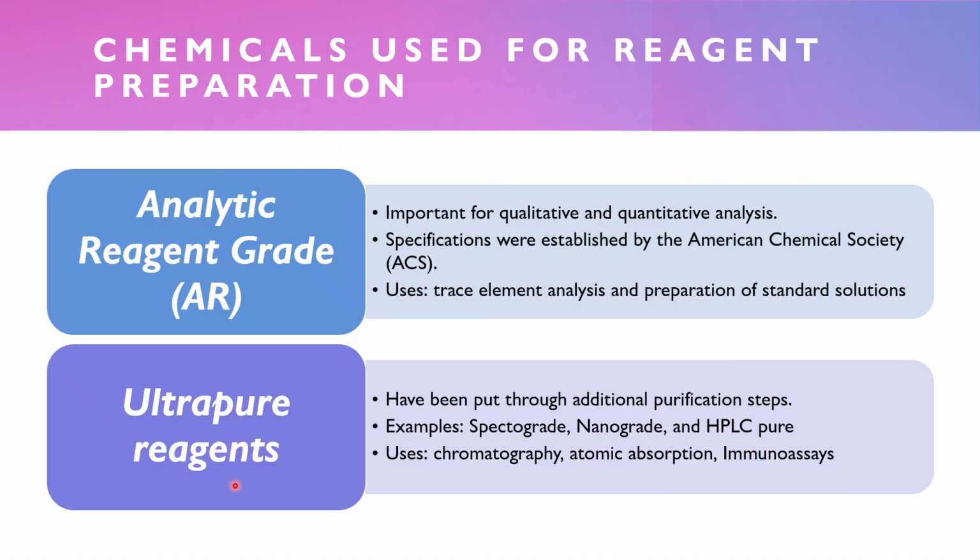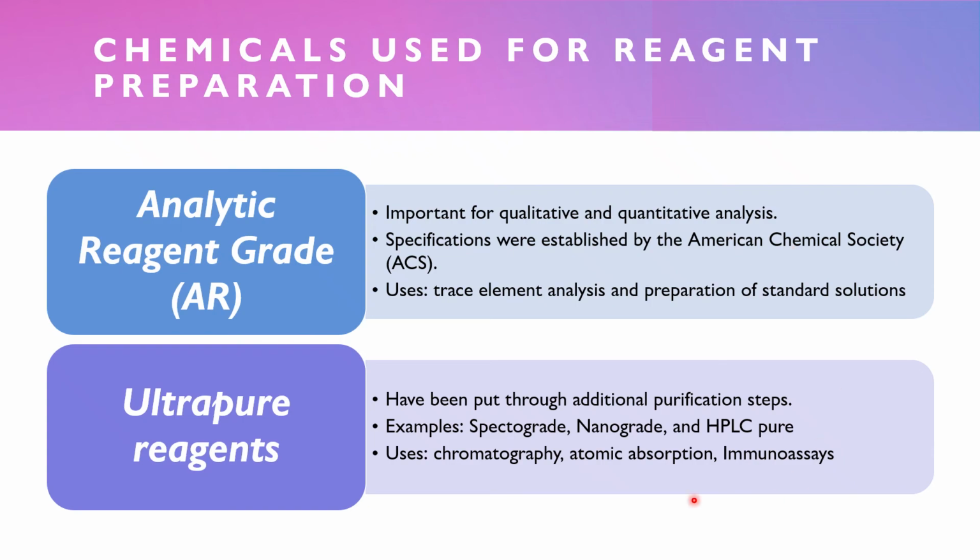Labels on reagents must also state the actual impurities for each chemical lot or list the maximum allowable impurities. The labels must also be clearly printed with the percentage of impurities present and either the initials AR, for analytic reagent grade, or ACS. ACS stands for American Chemical Society.